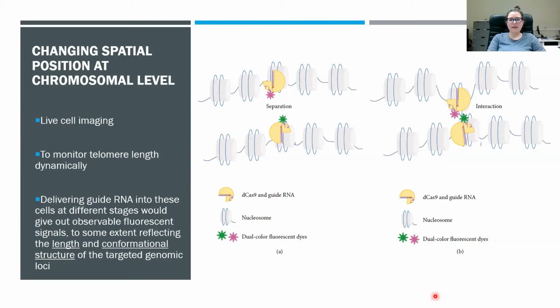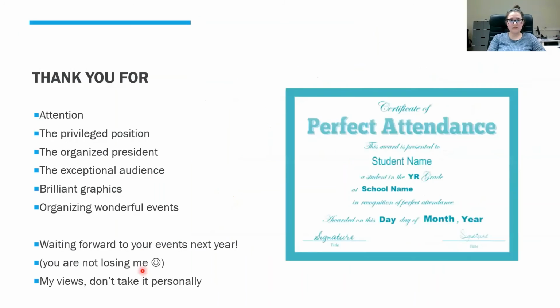Here we have a huge advantage of monitoring, for example, telomere length dynamically. We can deliver guide RNA into the cells at different stages, and we would see observable fluorescent signals, to some extent reflecting the length and conformational structure of specific genomic loci.